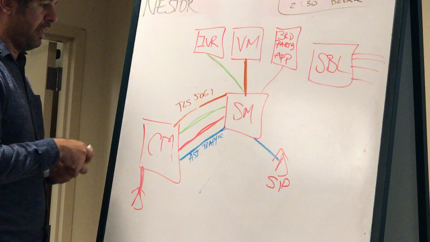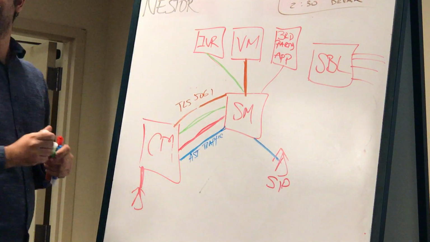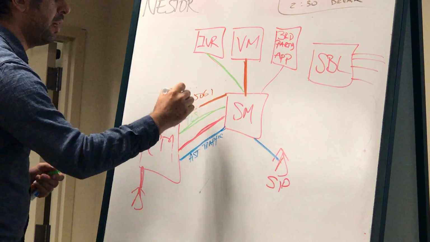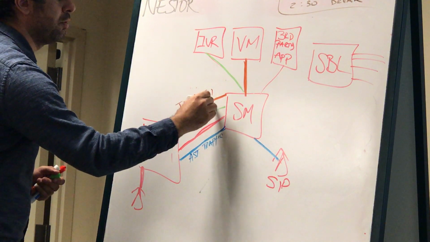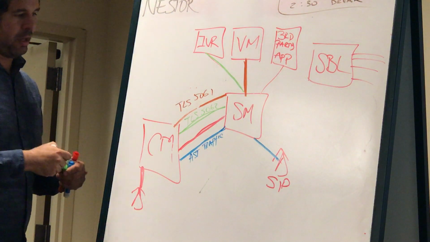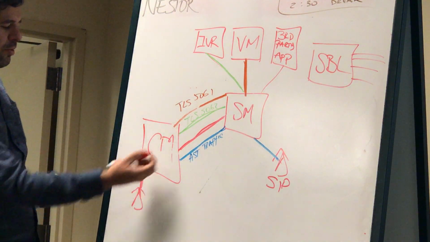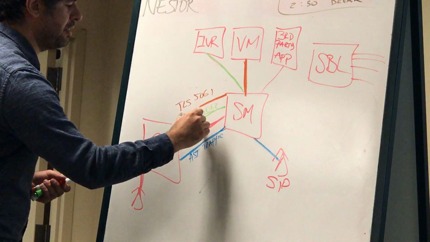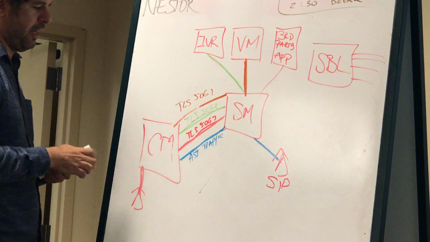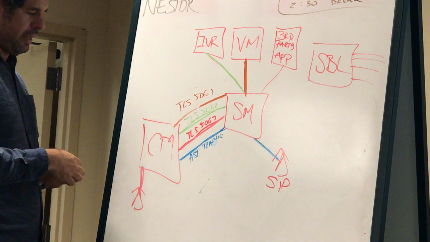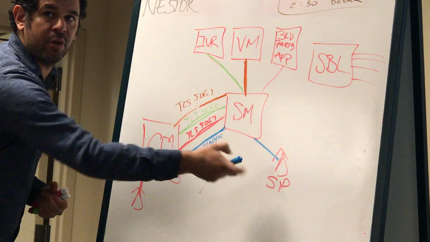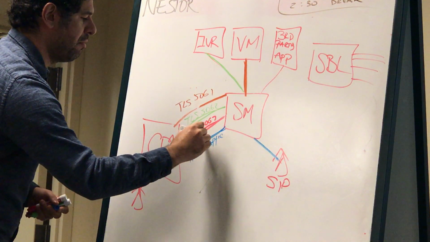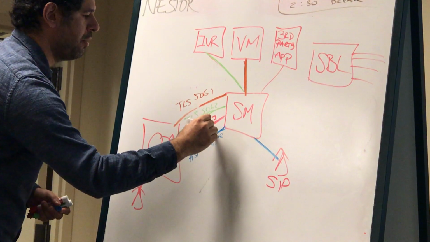And then traffic coming from the IVR is going to be TLS as well, but port 5062. And for outbound traffic, it's going to be TLS 5063, and so forth. You get the idea. For AST traffic, which is features going to the SIP phones, TLS 5064.